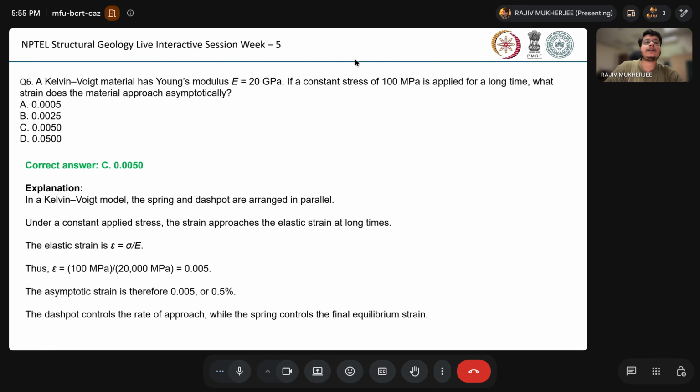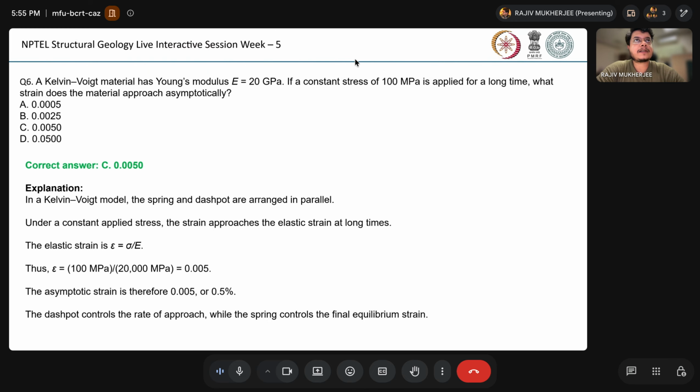It should be a function of only the final and initial strain, right? So that's why the time component does not come from the spring, but from the dashpot, because it's a viscous component.